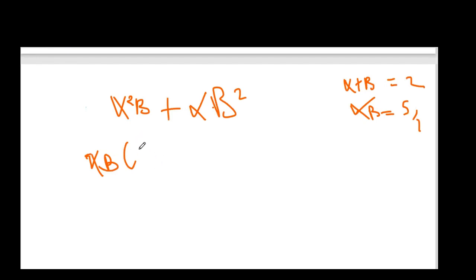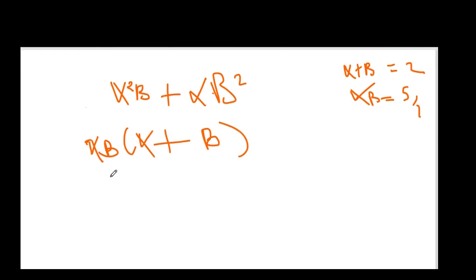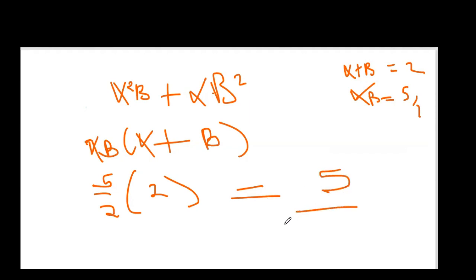Means there I'll just have alpha plus, what will remain there? Just the beta. So you can see I'm just multiplying the product and the sum there. So you can put your 5/2 there, and then in the brackets you can put your 2. So if you multiply that, 5 multiplied by 2, 10 divided by 2, you're just going to get 5. So the one who said D, you've seen that it's very simple, the D.